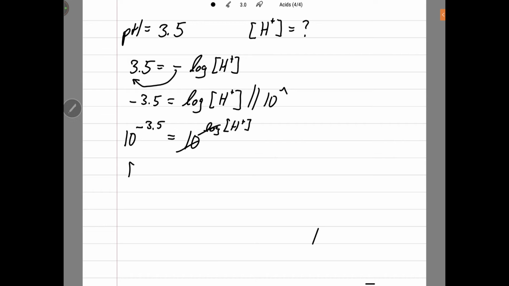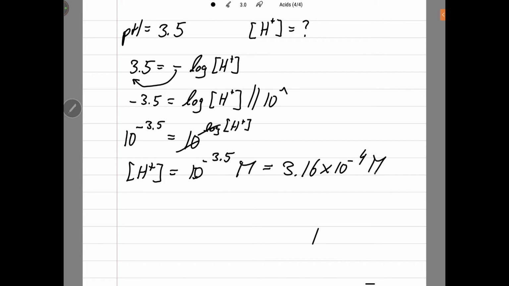And we have proton concentration equals 10 to the power of minus 3.5 molar, and that is the same as 3.16 times 10 to the minus 4 molar. Did I get the right number? Is it right? Okay, fantastic. We don't have to worry about that. You can easily convert pH and protons into each other.